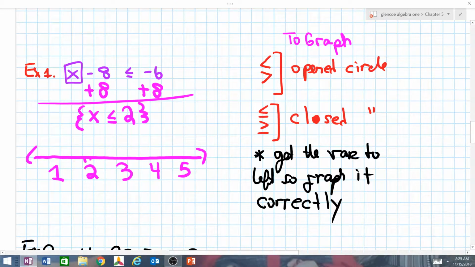I want you to graph on the line. So we're going to make a closed circle, and then we're going to darken this in and make sure you darken in the arrow. Does anyone have a question? I want you graphing on the number line. Are those directions clear? I know in the past you've done stuff like this, okay? I don't want to see that.